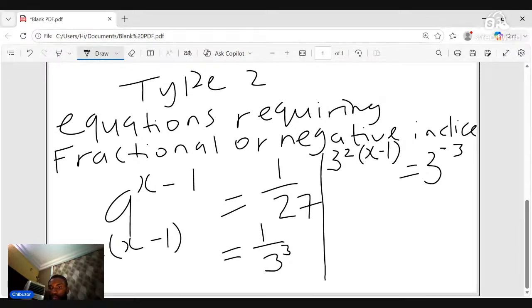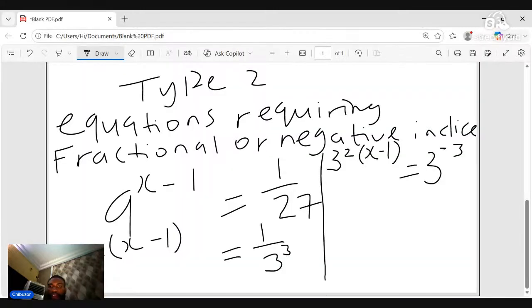Do you understand it up to this stage? Do you understand this step? Okay, good.